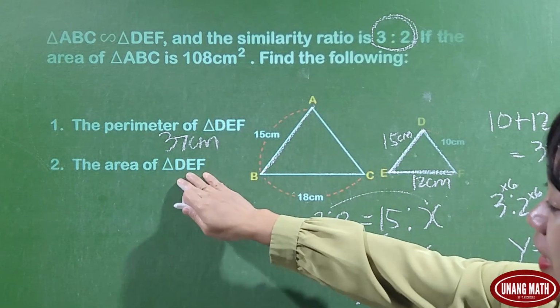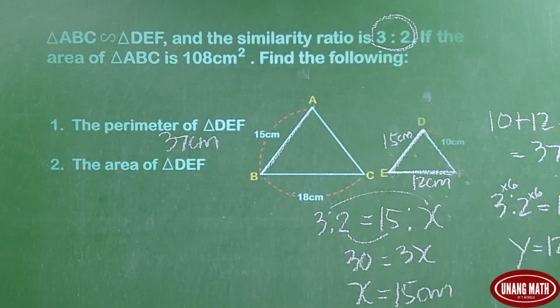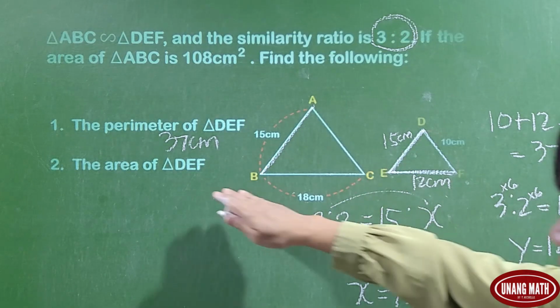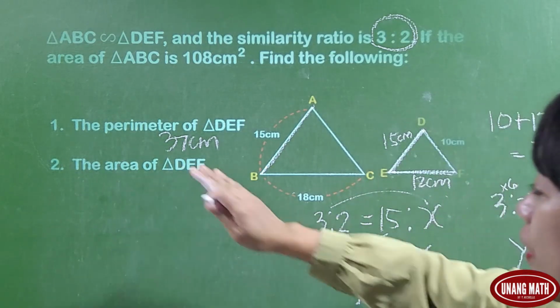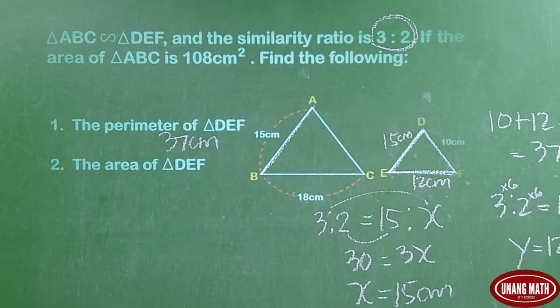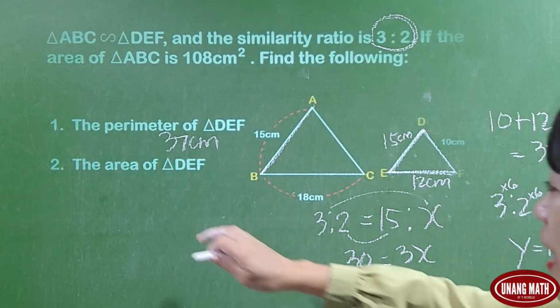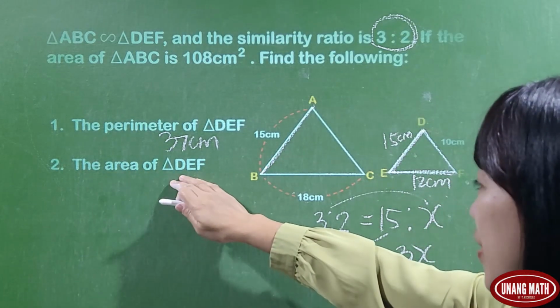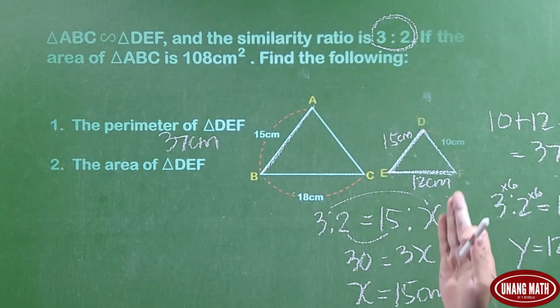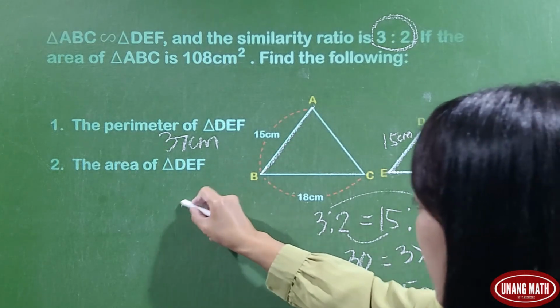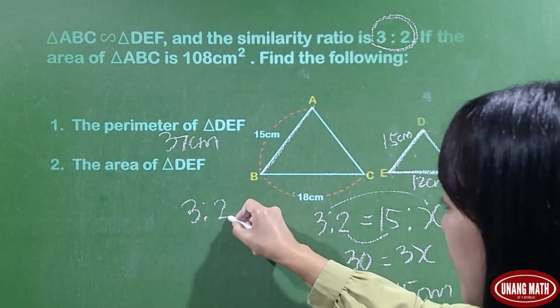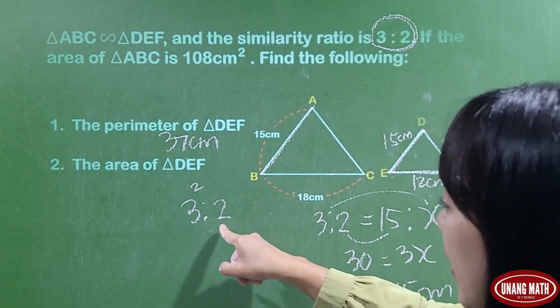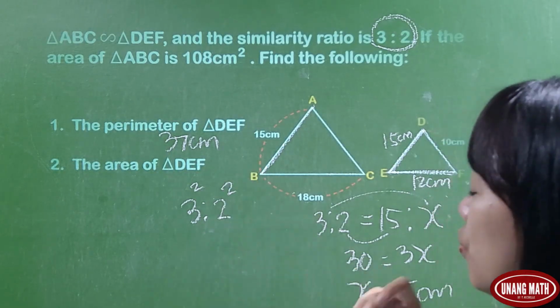Okay, moving on to the second question. This is, what would be the area? According to this, find the area of triangle DEF or this triangle. Since we are finding the area of triangle DEF, we have to square the given similarity ratio. So 3 squared is to 2 squared.